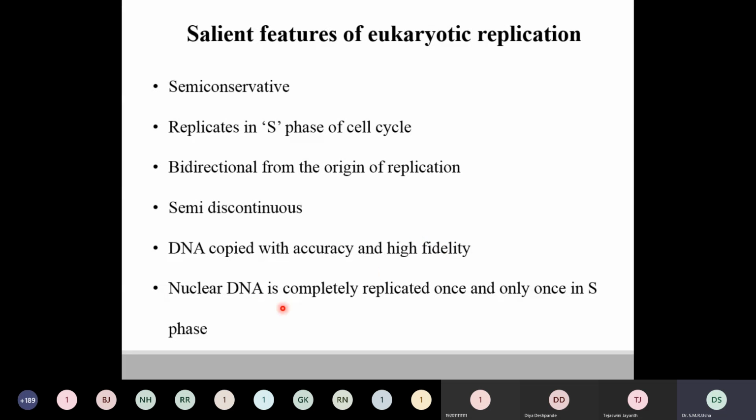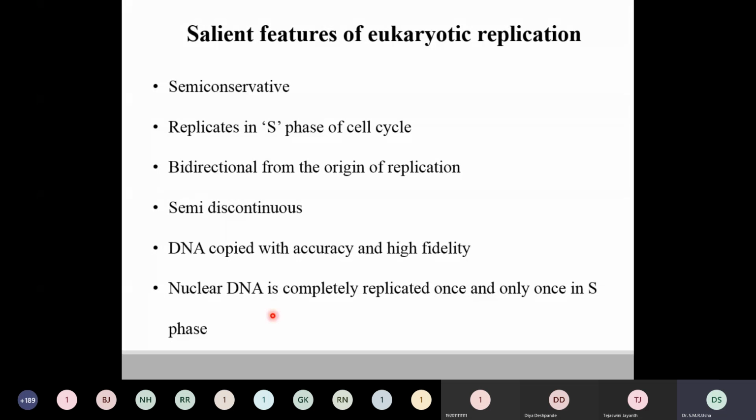Now, the DNA is replicated only once, but completely. The entire genome is replicated once and only once in the S phase, after which the cell will go into mitosis after a short gap period. So some of the salient features of eukaryotic replication is, it is semi-conservative.